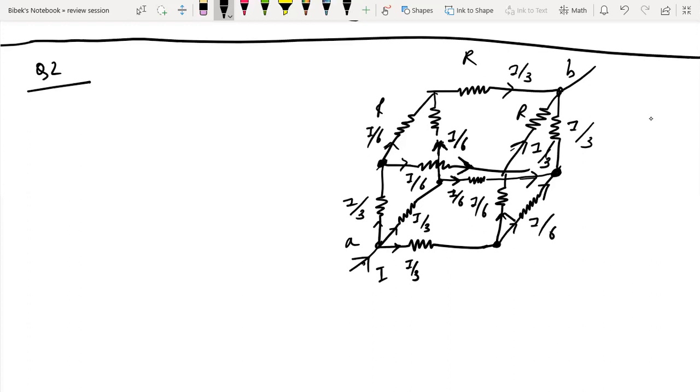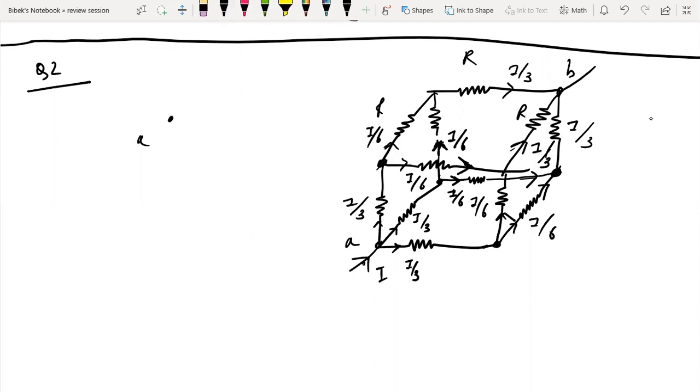Whichever path you choose, you'll end up with three currents: I over 3, I over 6, I over 3, and you'll reach point B. There are two points, A and B, and multiple paths. You can go from any direction, but you'll reach the same point, and the length of the path is the same.